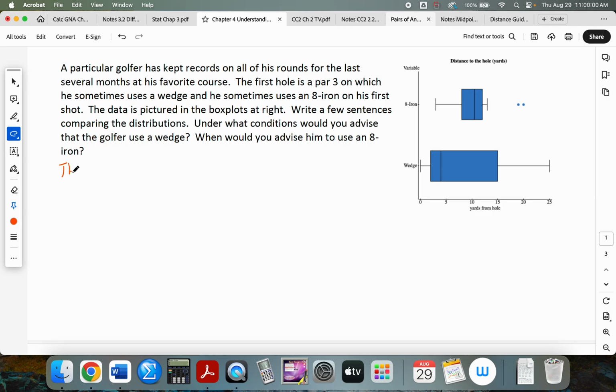So the distribution of, and what are we measuring in this? Distance to the hole. For the wedge is skewed right.